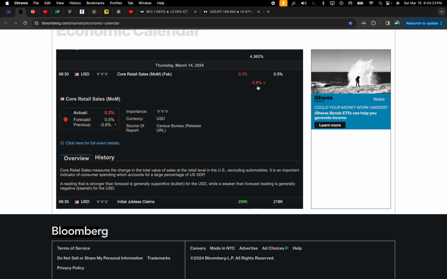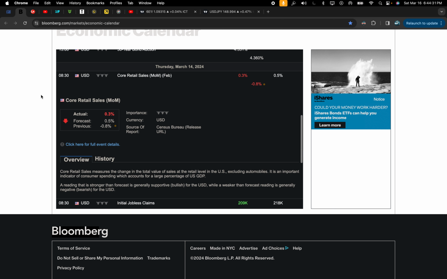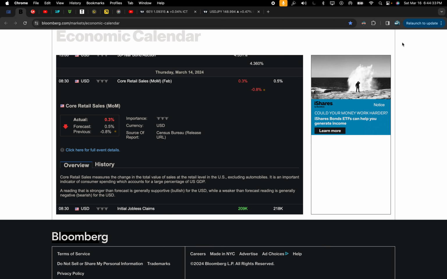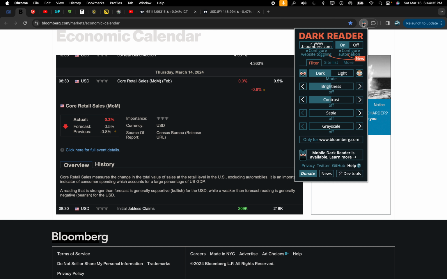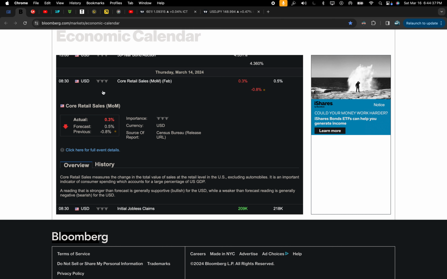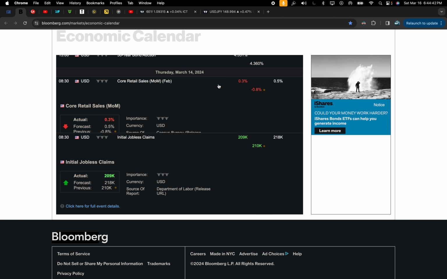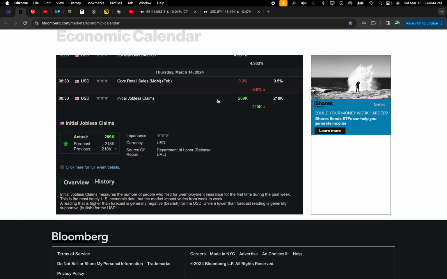Stronger than forecast. This was forecast negative 0.8 allegedly. I know these numbers sometimes change, so if I'm really tracking it, I'll screenshot it, and then I'll be able to go back and see if they change the numbers, which I think they do sometimes.